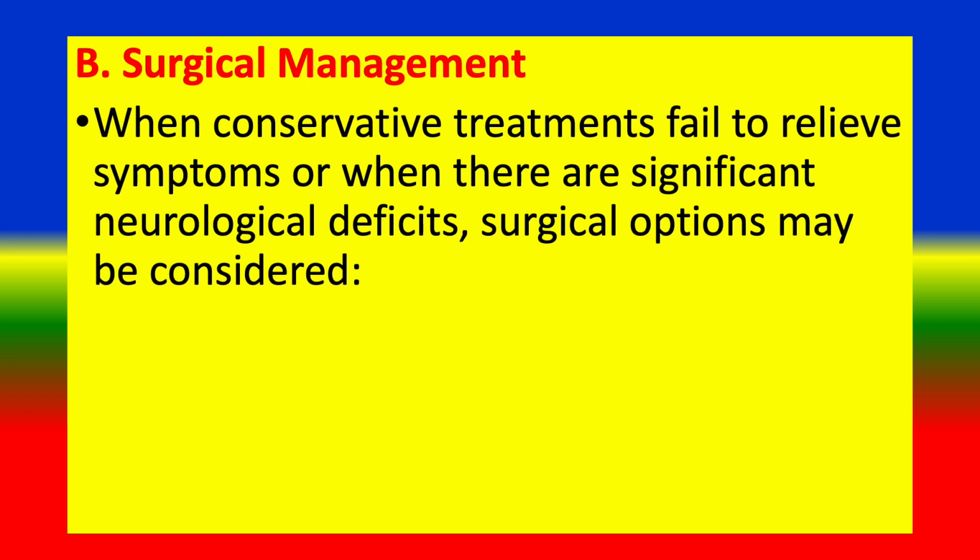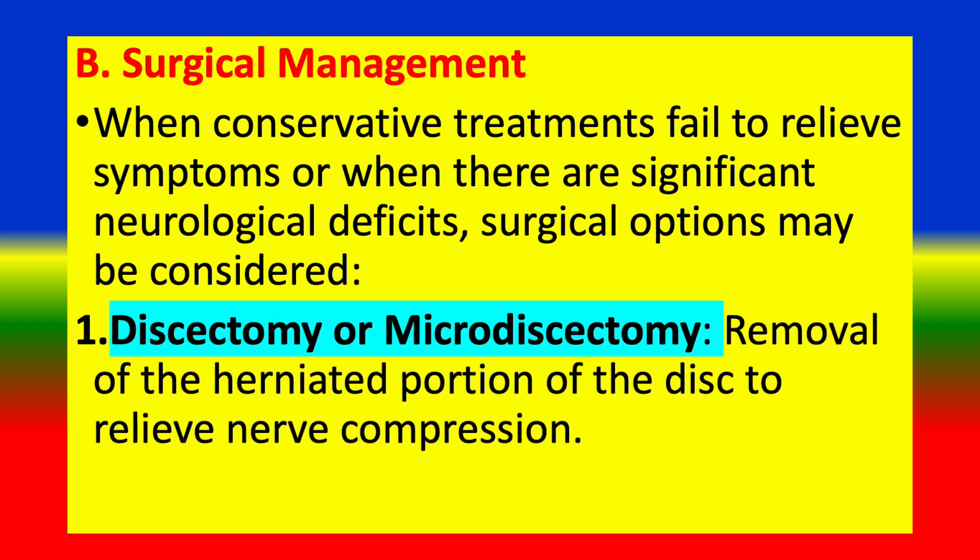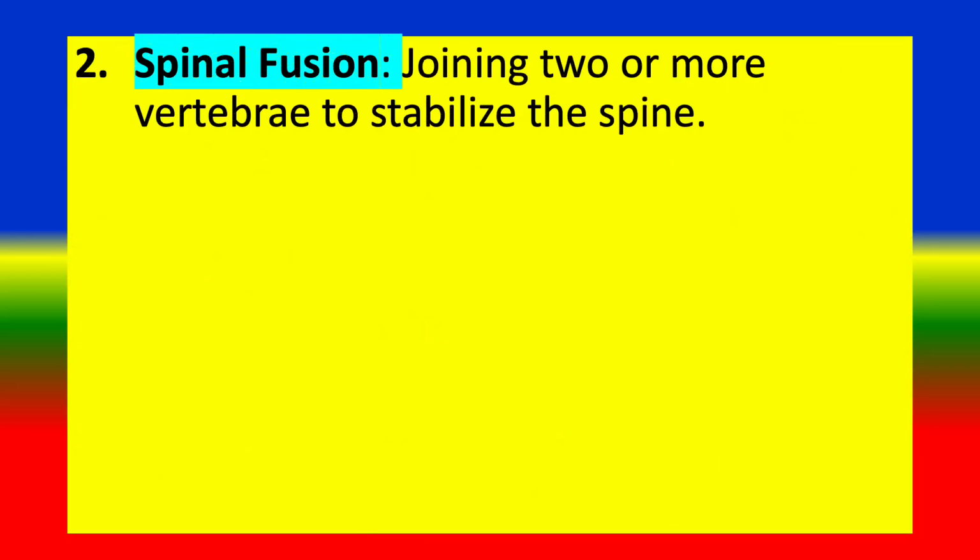B. Surgical management. When conservative treatment fails to relieve symptoms or when there are significant neurological deficits, surgical options may be considered. 1. Discectomy or microdiscectomy, removal of the herniated portion of the disc to relieve nerve compression. 2.